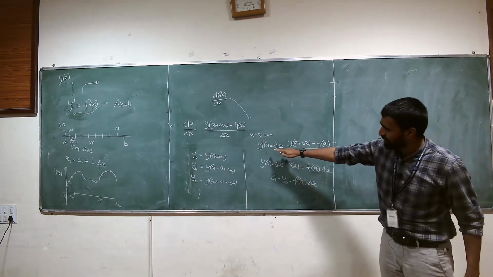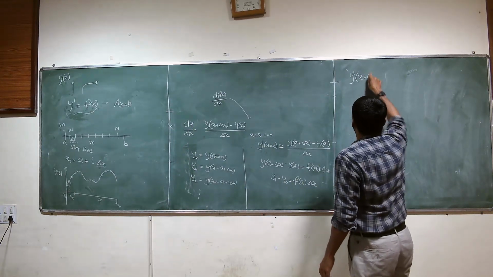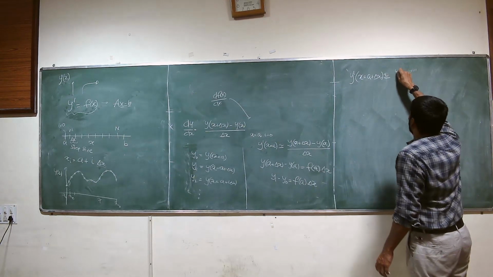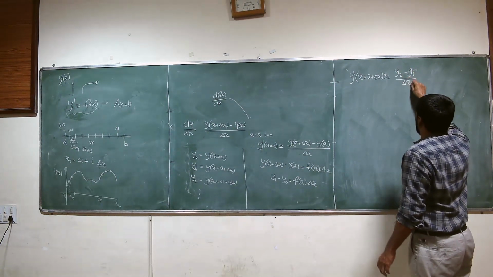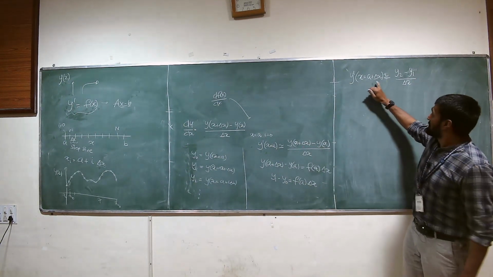The approximation for the derivative y dash at x equals a plus delta x is approximately equal to y2 minus y1 divided by delta x.